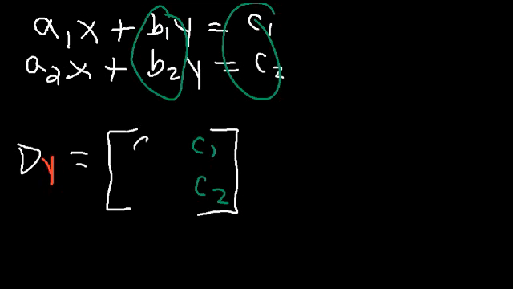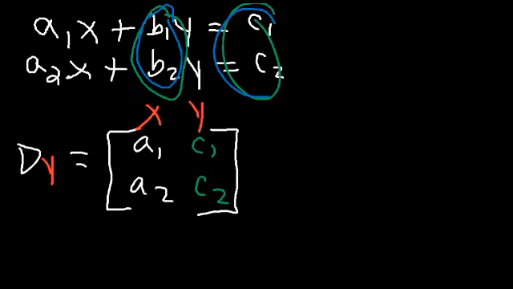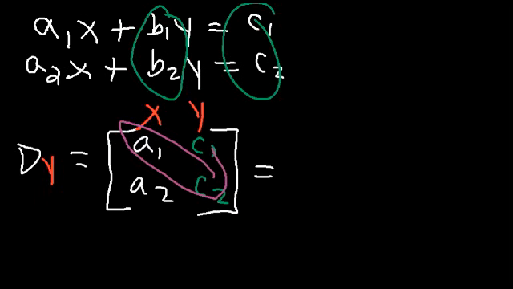And then a1, a2 is going to be in the place of x, which is the left side. Now dy is equal to a1 c2 minus a2 c1.